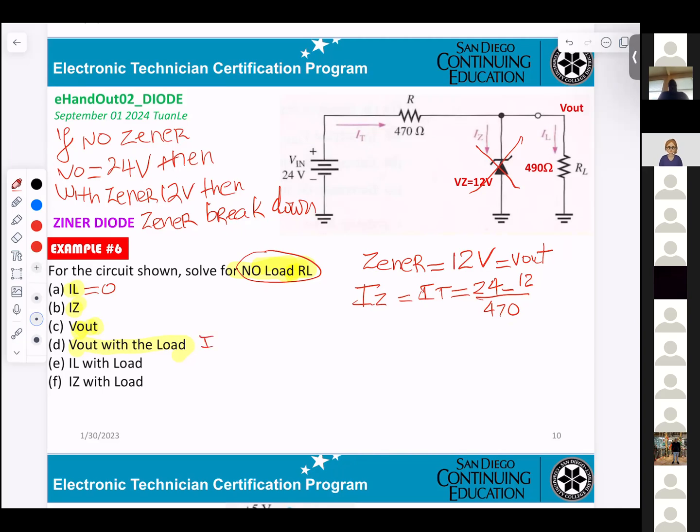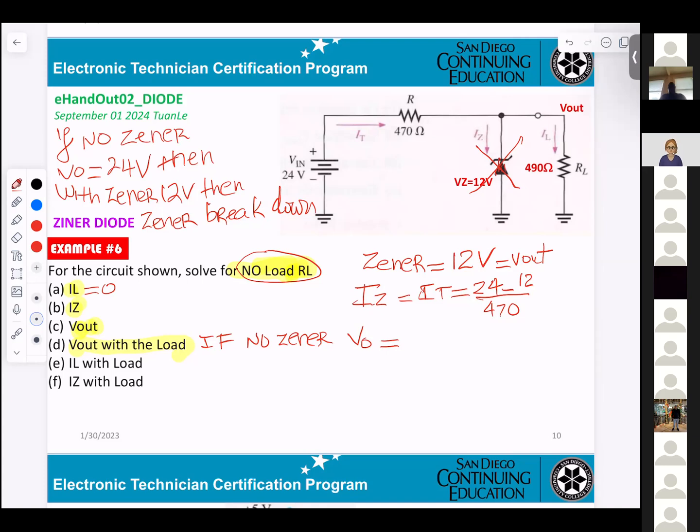If no Zener, V out equal, if we don't have the Zener now, what does V out equal? Now we get a load, okay? It's 12 volts, isn't it?